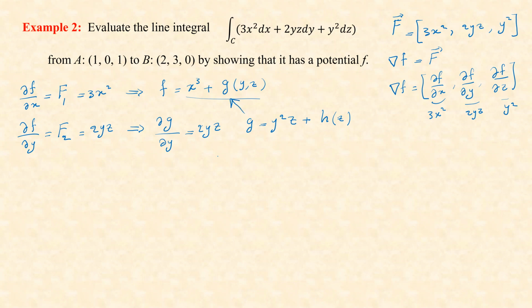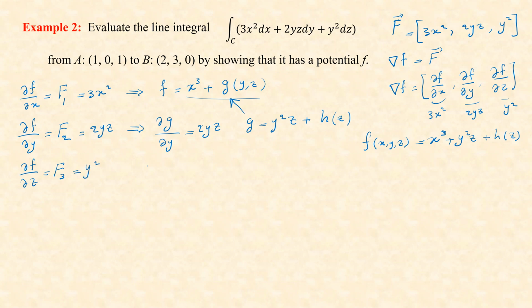So f of x, y, z should have this form: x cubed plus y squared z plus h of z, right? And then we say, okay, to find h of z, we set the derivative of f with respect to z equal to f3, which is y squared.